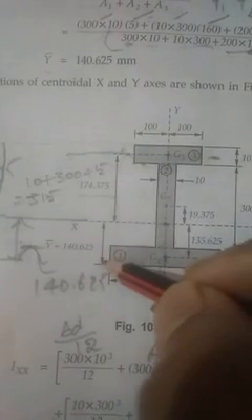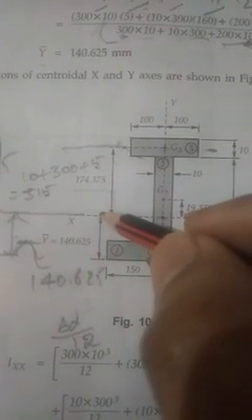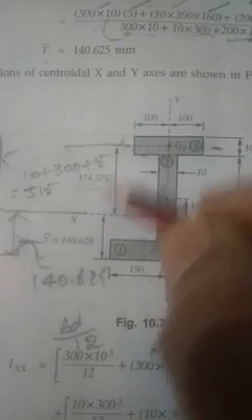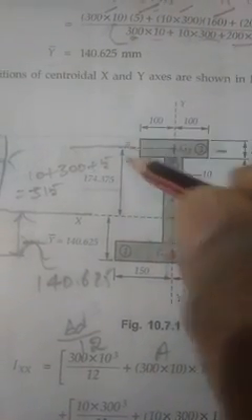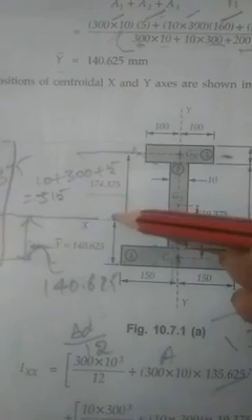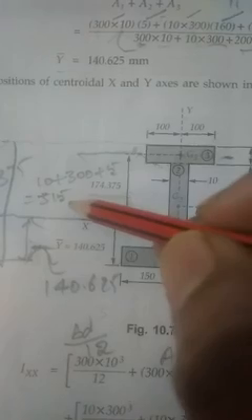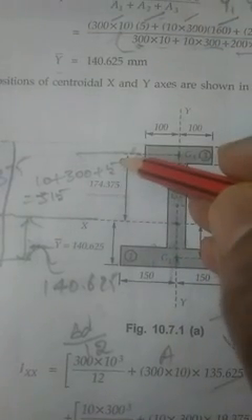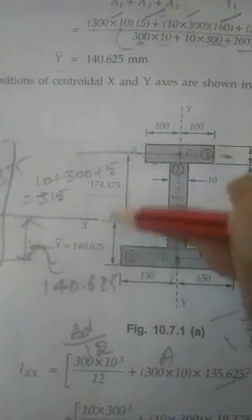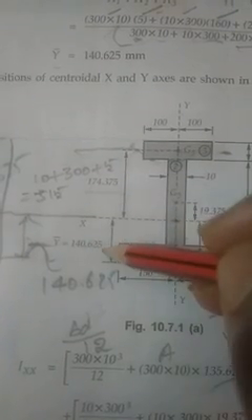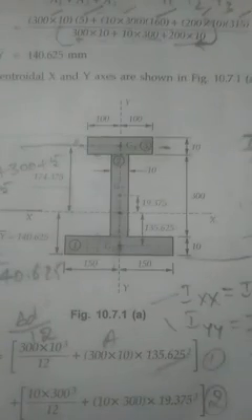But the centroid is at 140.625. So 310 minus 5, and 5 mm and 140.625, all of this you have to minus. Then you will get 174.375.